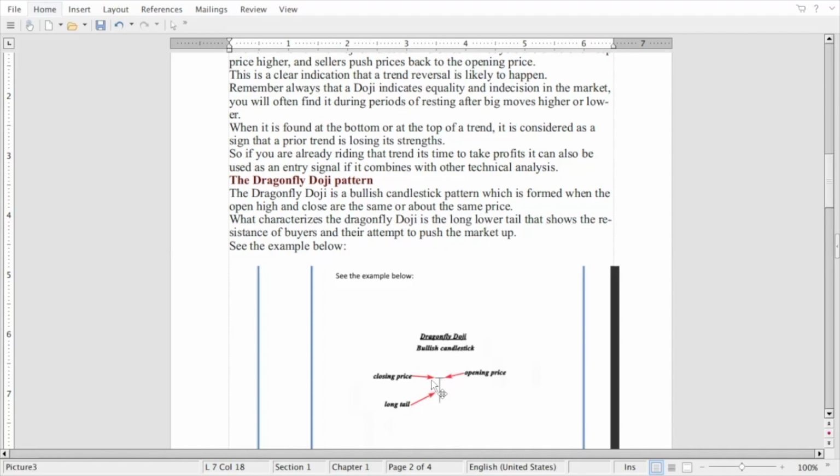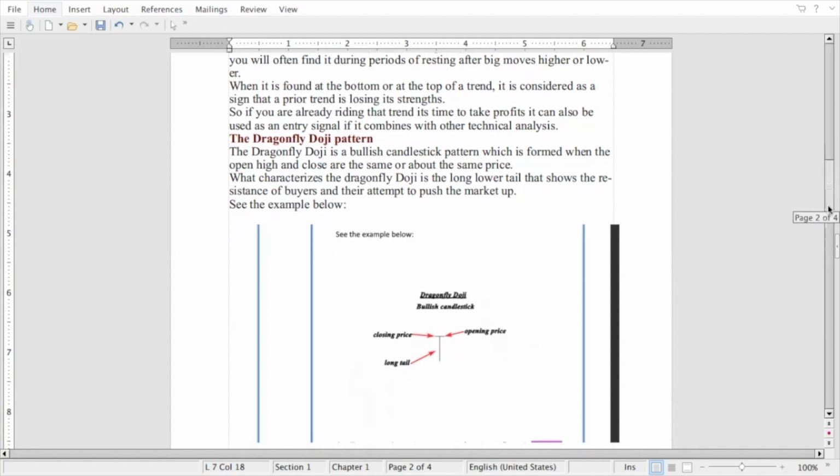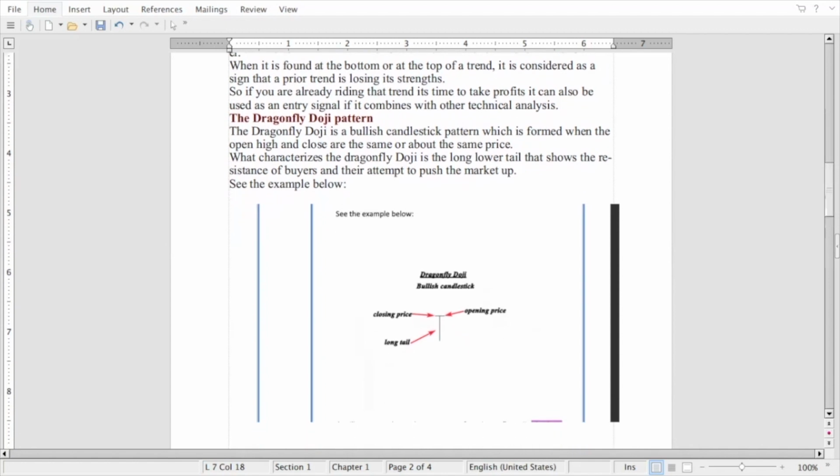See, it forms on the upper with the long tail. Buyers, therefore, are attempting to push the price up. So when you see this, then you know that that is a dragonfly doji pattern, and it's a bullish candle.